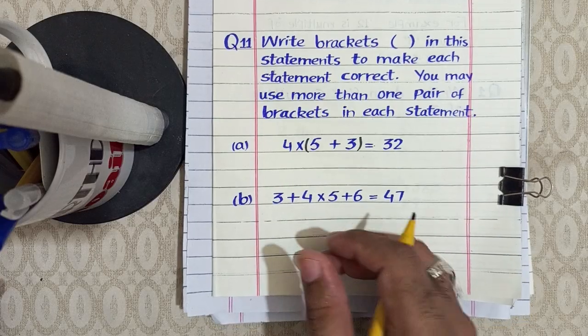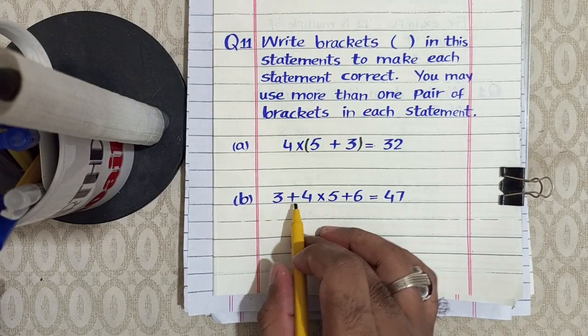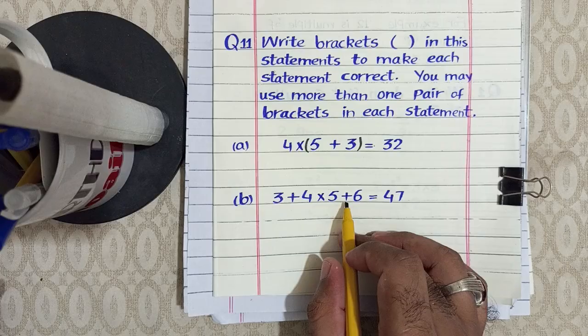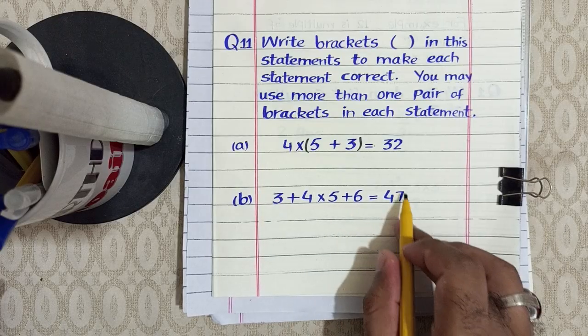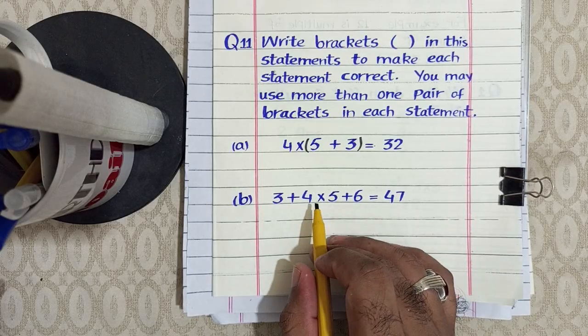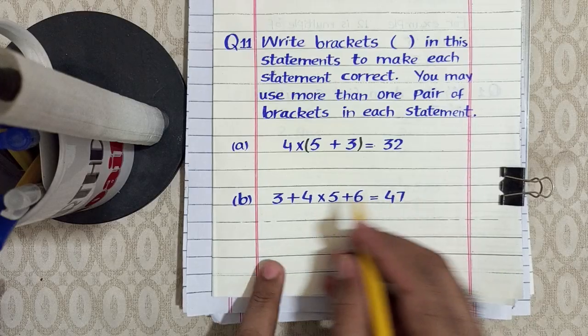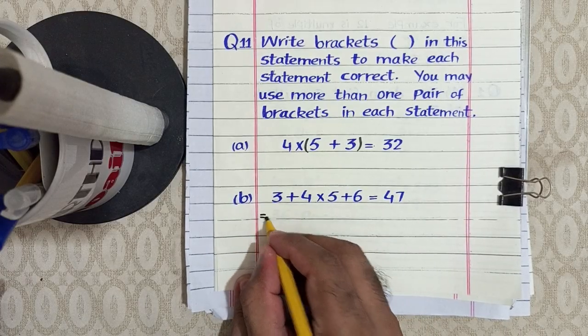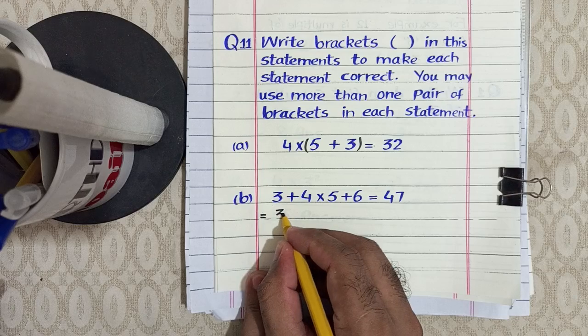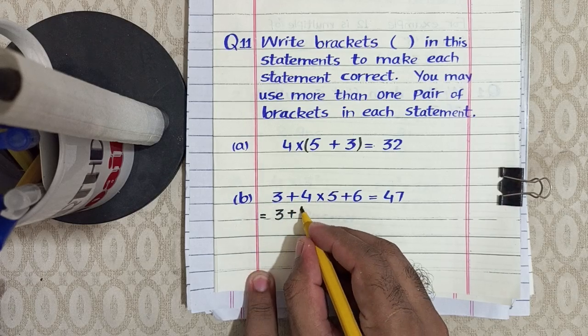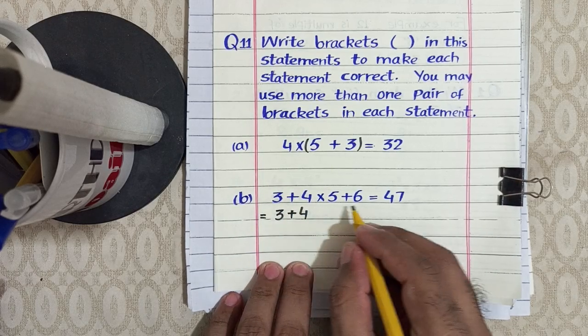Now our next question: 3 plus 4 multiply 5 plus 6 which is equal to 47. So we add brackets. Now 3 plus 4 stays as it is.